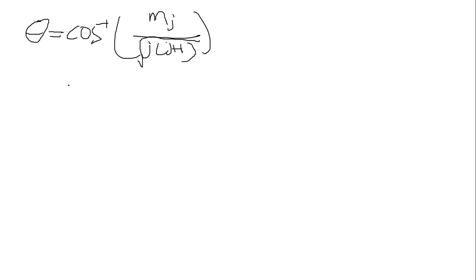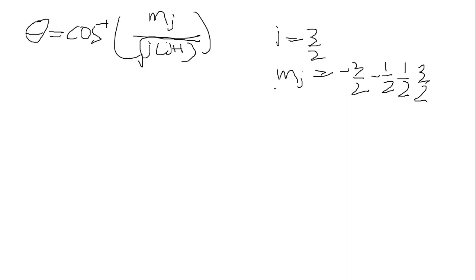Here j equals 3/2 and MJ equals minus 3/2, minus half, plus half, plus 3/2. So corresponding to 4 MJ values, we will get 4 theta values. What will be the values of theta 1, theta 2, theta 3, theta 4? Please calculate and tell me.